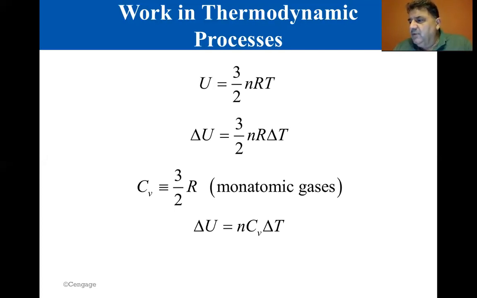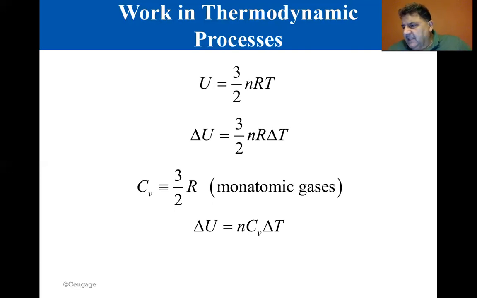Each degree of freedom contributes 1/2 R to the molar specific heat. Because an atomic ideal gas can move in three directions, it has a molar specific heat capacity, CV, equals 3 times 1/2 R equals 3/2 R, where R is 8.31 joules per mole Kelvin.